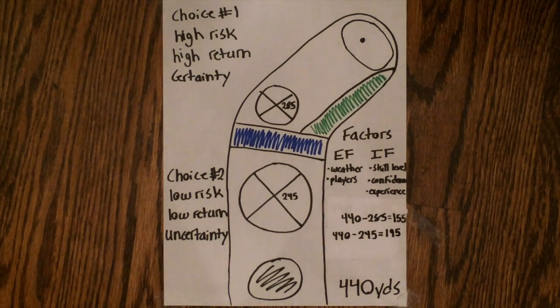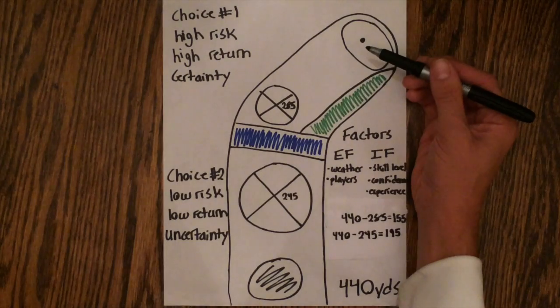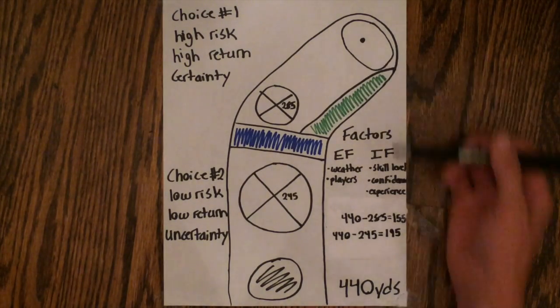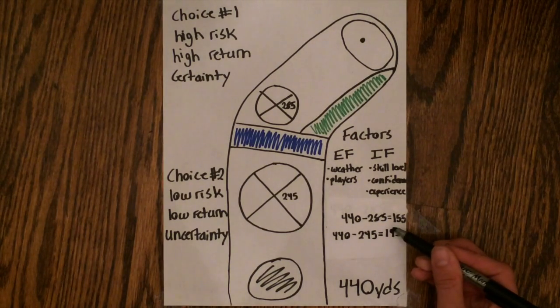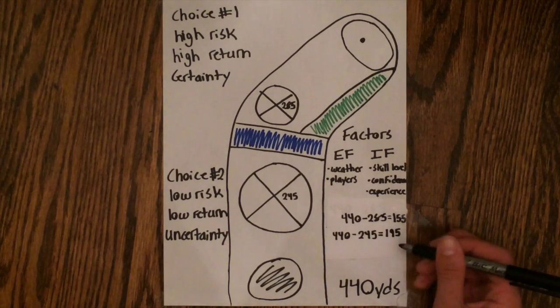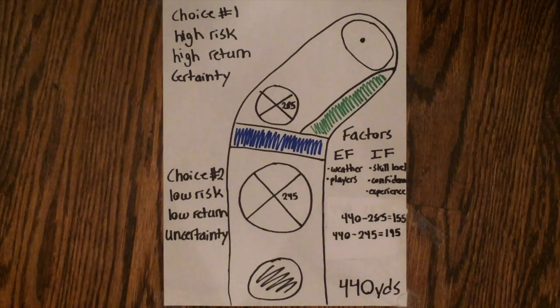So looking at these numbers, we can conclude that being 155 yards away from the pin creates a better scoring opportunity because it's closer. If you were to choose choice number 2, which equals 195 yards, you are 40 yards further back from the hole, which creates a more difficult scoring opportunity.